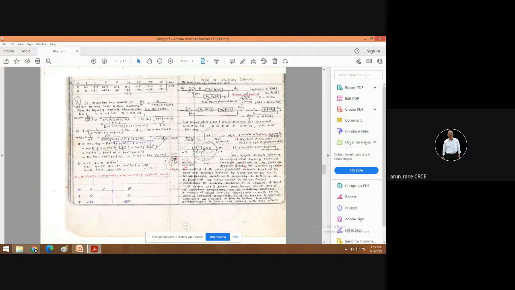So minus 1 comma 0, this point will lie on the negative real axis. Now if minus 1 comma 0 is outside the plot or outside the diagram, then the system is stable. If your plot passes through this point, that is minus 1 comma 0, that means the system is marginally stable or partially stable.